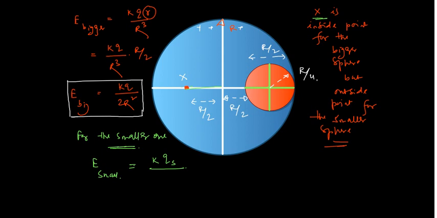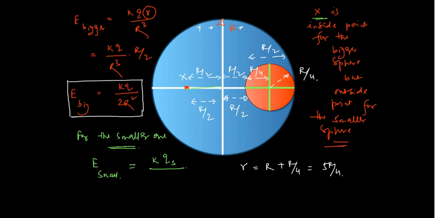Everyone note it carefully: this much is R by 2, this is R by 2, and up to the center, this is R by 4. So the total distance is capital R, R by 2 and R by 2, that is capital R plus R by 4, that is 5R by 4.